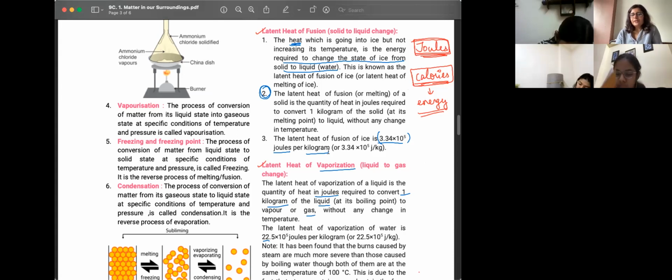The values you don't have to remember. If you're given any numerical, they will be given to you. It's not something you have to learn by heart. But the concept you need to know. If we say joules per kilogram, you need to understand that this much joules is needed to convert each kilogram.